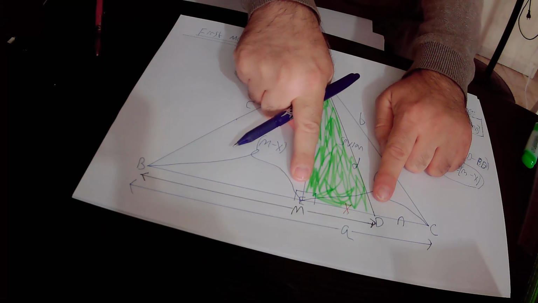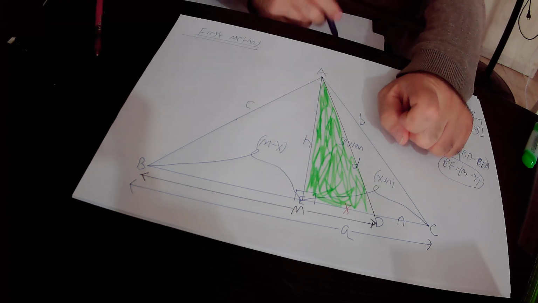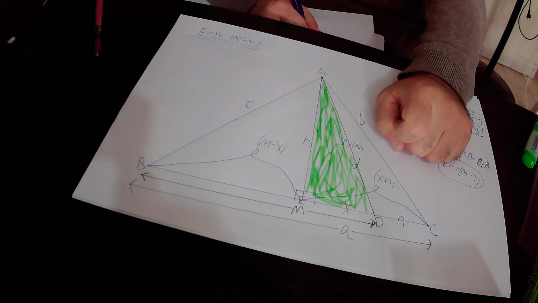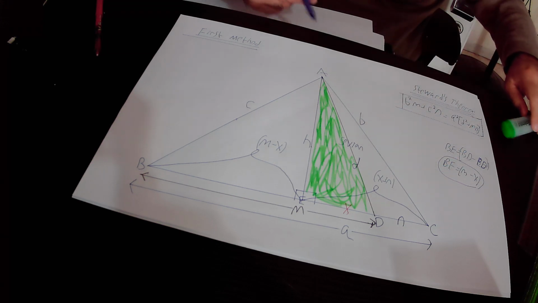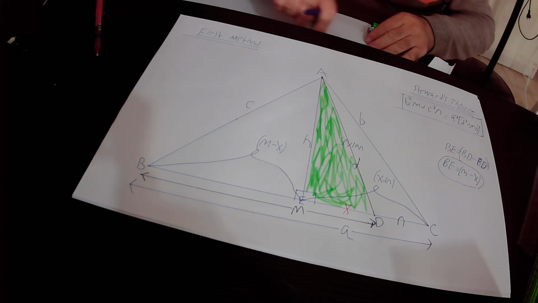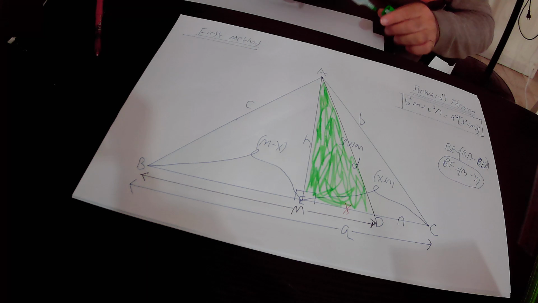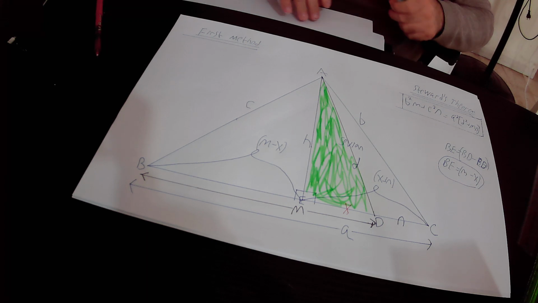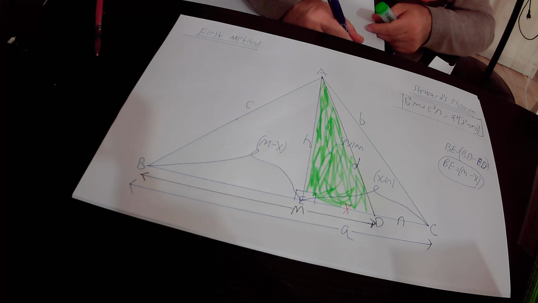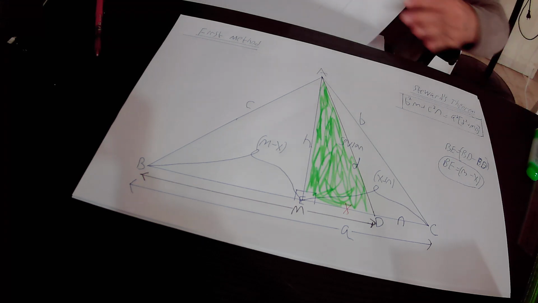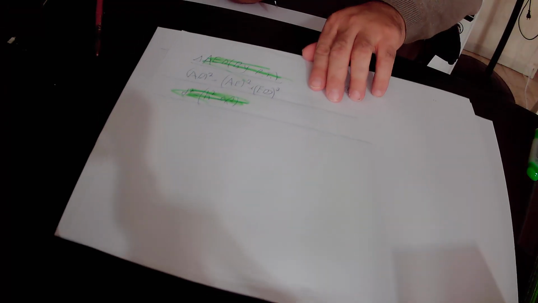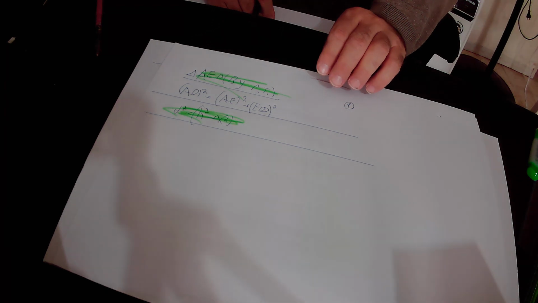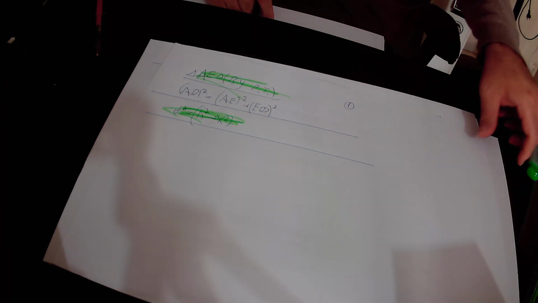ED equals X units in its length, therefore ED square is X square. In conclusion, according to the Pythagoras theorem, in the right green triangle AED, D square equals H square plus X square.